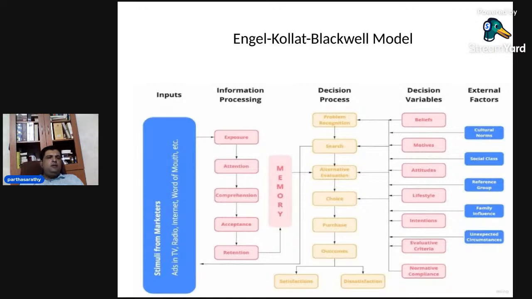If we are tired, sleep is the stimulus. Likewise, this model talks about the stimulus from the market. How do we get the stimulus? Basically, we get to know about a particular product or service through ads on TV. Say, for example, we have seen a new product.